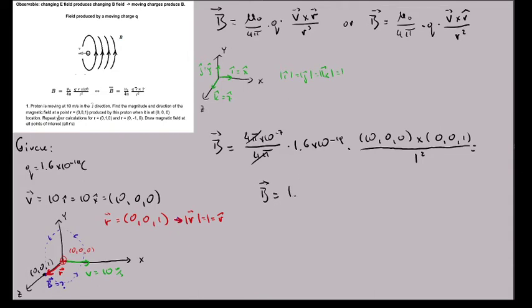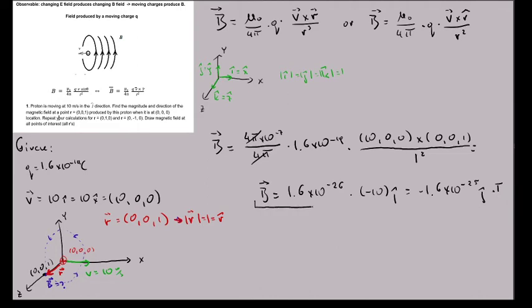So what we get is 1.6 times 10 to the minus 26th, and then times, when I do this cross product, I end up with minus 10 j hat, which gives me negative 1.6 times 10 to the minus 25th j hat, and then units are Teslas, so I'll put times T, units of the magnetic field are Teslas.